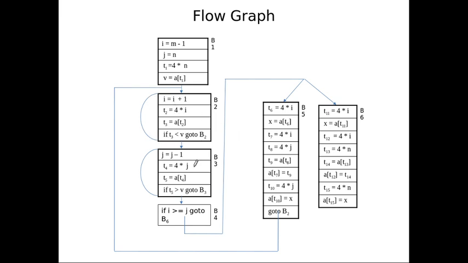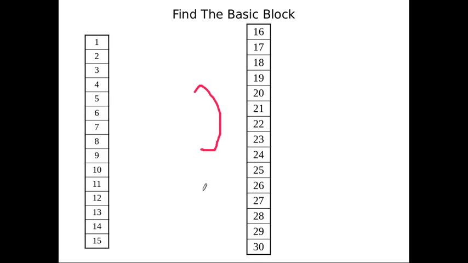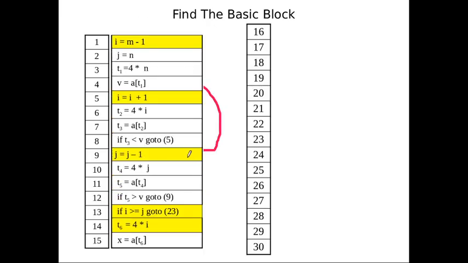In the same way, think about block 3. Its last statement is 12. What is the 12th statement? Go to 9. Go to 9 is the beginning of block 3, so once again it repeats itself.